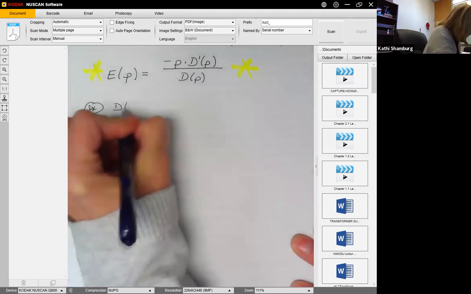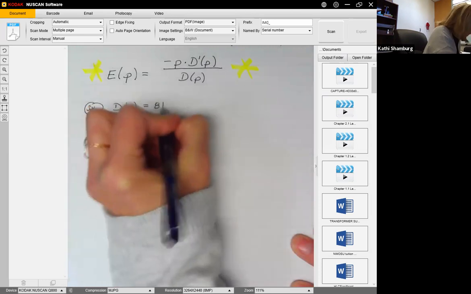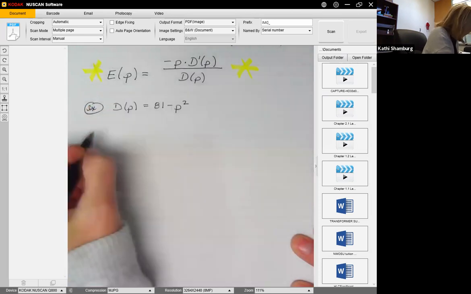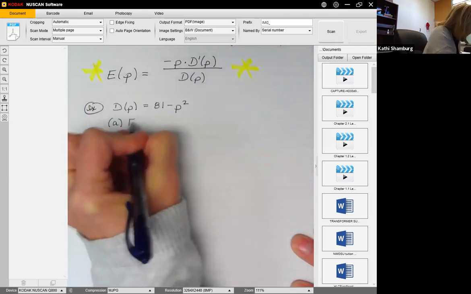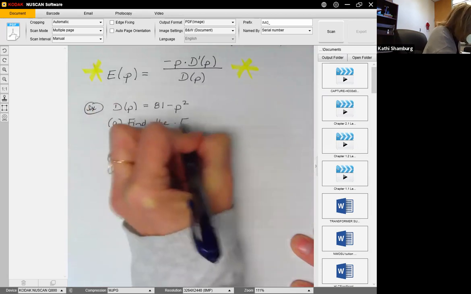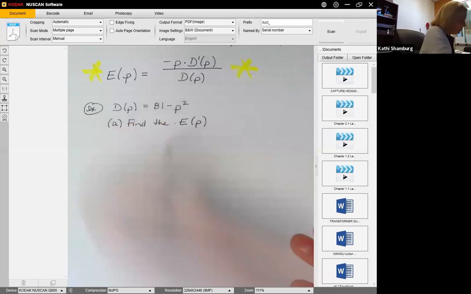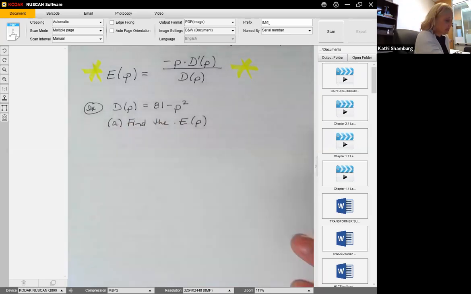So we're given the demand function is 81 minus P squared. So let's say you're asked to find the elasticity of demand. It won't probably say this, it will probably say find the elasticity of demand.